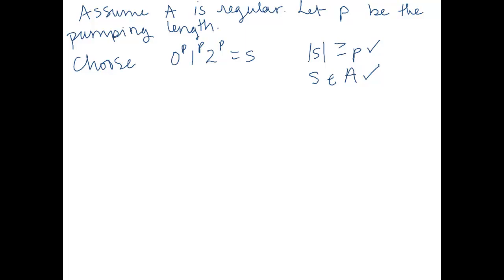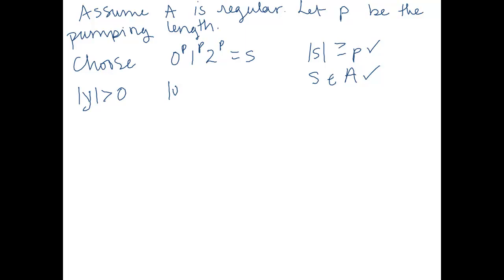Now remember the two conditions that we have on our decompositions. So condition number 1 is that the length of Y has to be greater than 0. So we cannot choose a decomposition where the middle piece is actually empty. We can't do that.